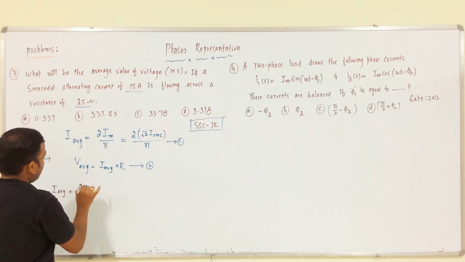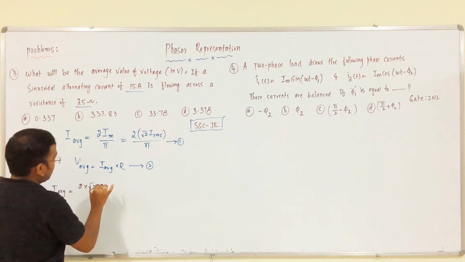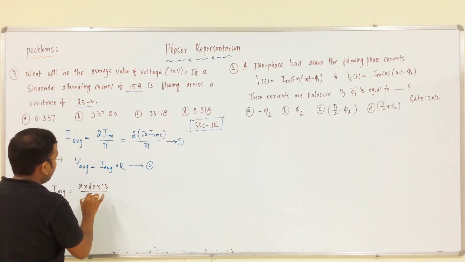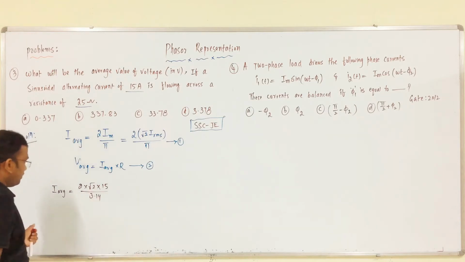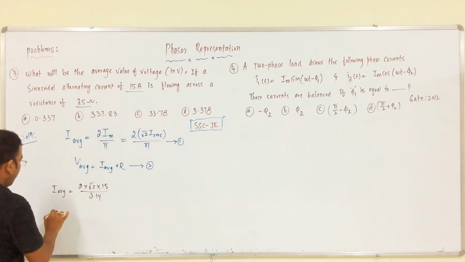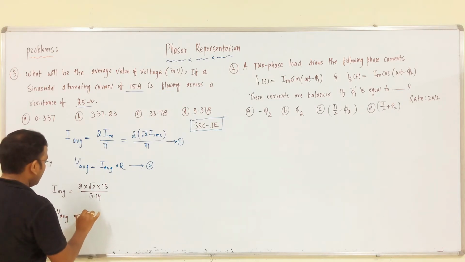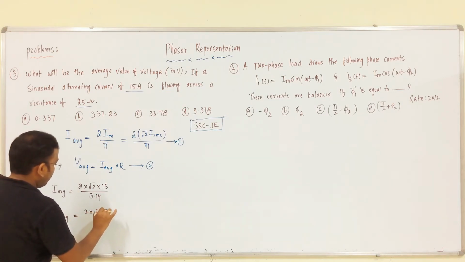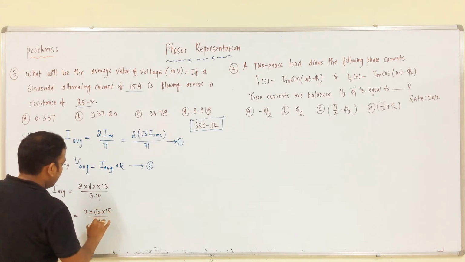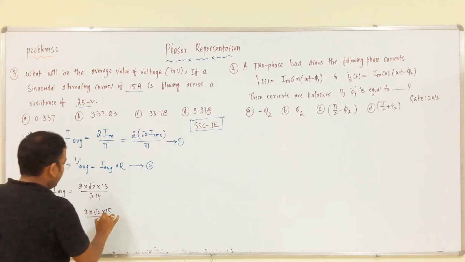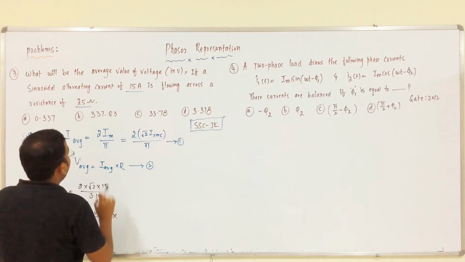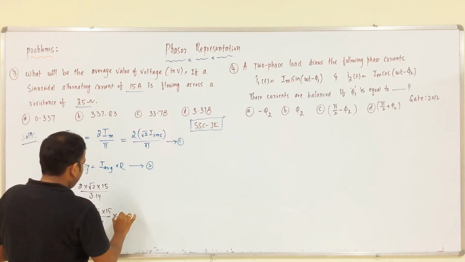2 into root 2, what is the value of IRMS? 15 by 3.14, right. We have V average, which is equal to 2 into root 2 into 15 by 3.14 into R value, which is what? 25.